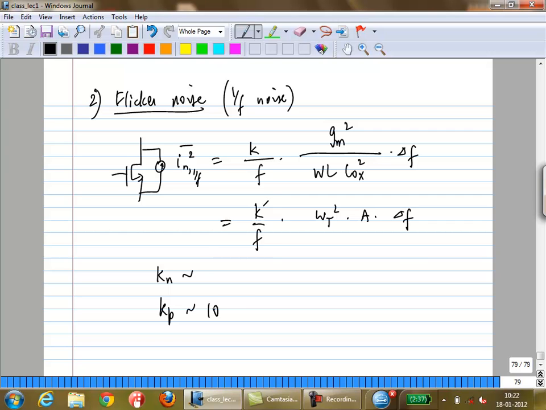It happens that Kp is approximately around 10 power minus 28. It could be even an order of magnitude different, but these are the kind of numbers you're looking at.